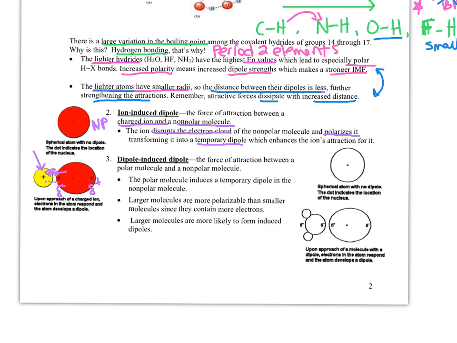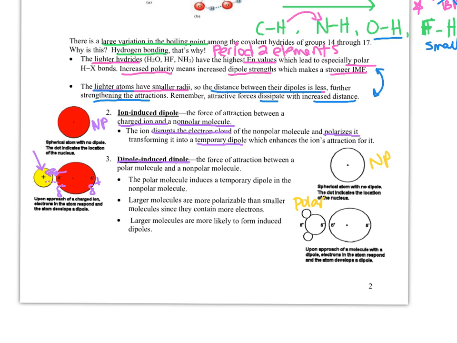We can also induce a dipole with another dipole. So this is the force of attraction between a polar molecule and a nonpolar molecule. In this right-hand side picture, we've got a nonpolar molecule, and we bring a polar molecule next to it. It's the same idea with a dipole-induced dipole, the same concept as the ion.